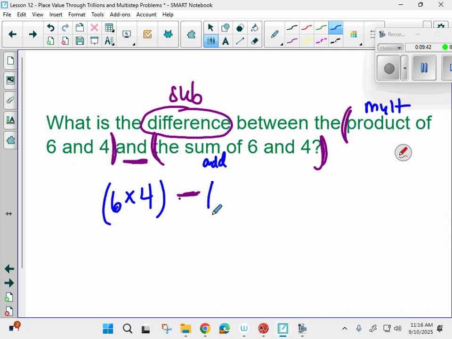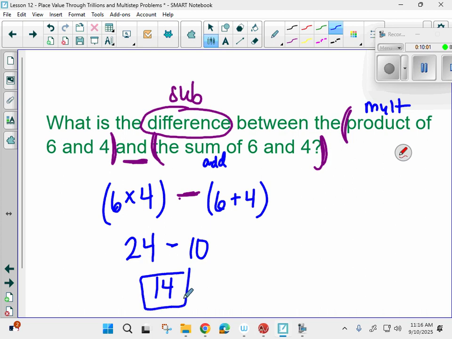This is the difference between the product of 6 and 4 and the sum of 6 and 4. So this gives me 24. We got to do our parentheses first, and these do go in parentheses. And the sum of 6 and 4 is 10. And then I go ahead and subtract those to get 14. All right, we'll do one of those on the whiteboard. All right, you guys.